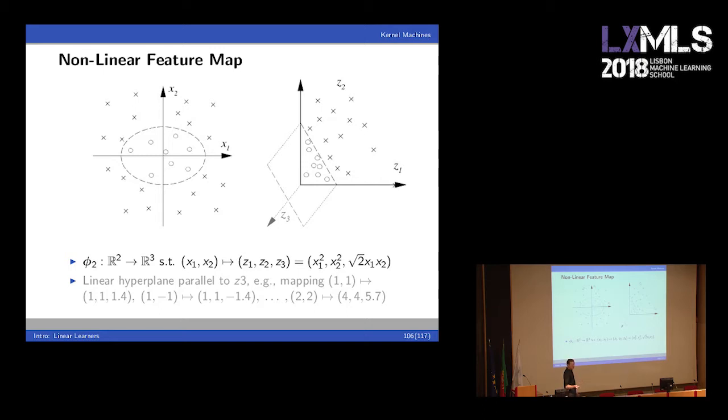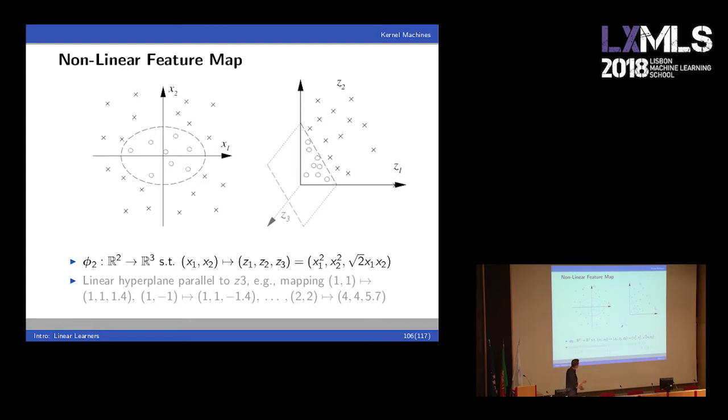We use our simple monomial feature map and map from 2 dimensions to 3 dimensions: x1 squared, x2 squared, and square root of 2 times x1 times x2. And then we get this representation here. In this representation, we can differentiate the circles from the crosses: the circles lie behind this hyperplane, and the crosses lie on the right side of the hyperplane, right?